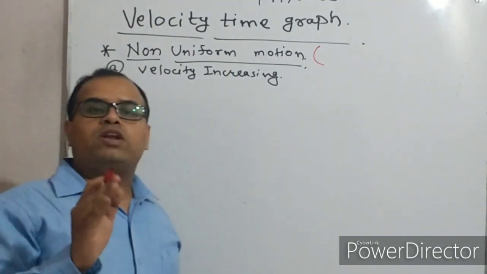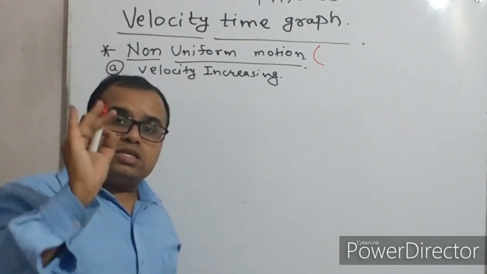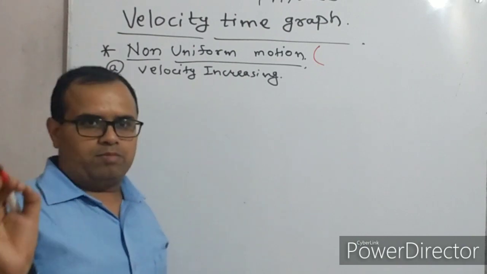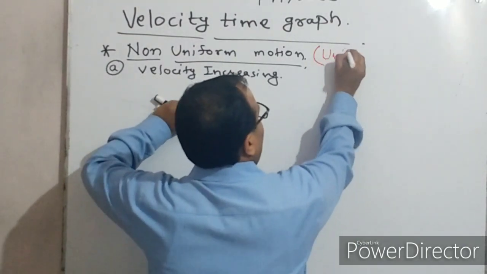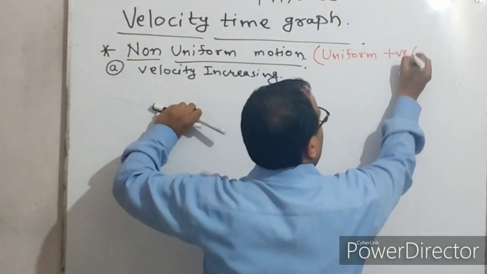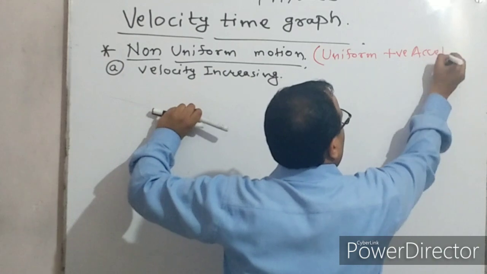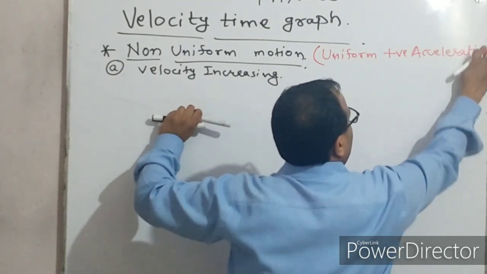If we consider that the velocity is increasing uniformly with time, that is called uniform positive acceleration.